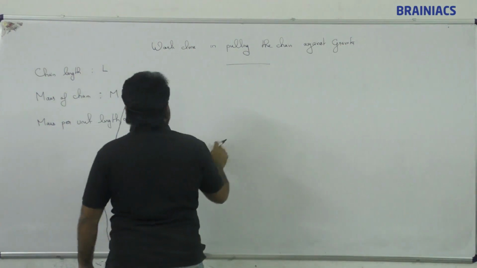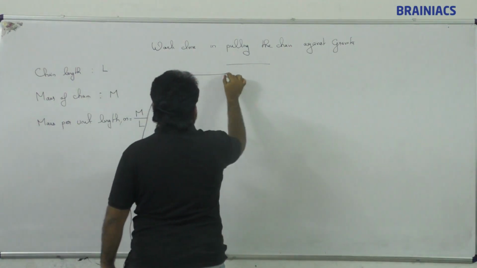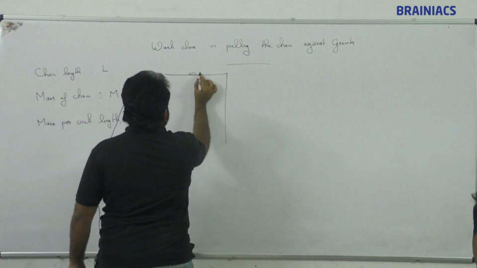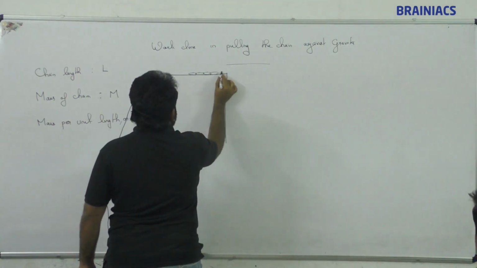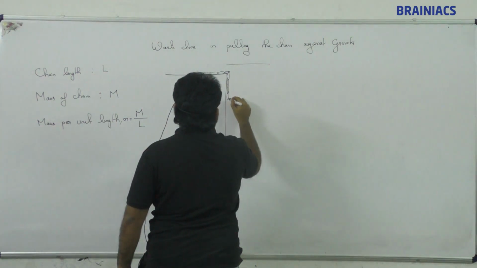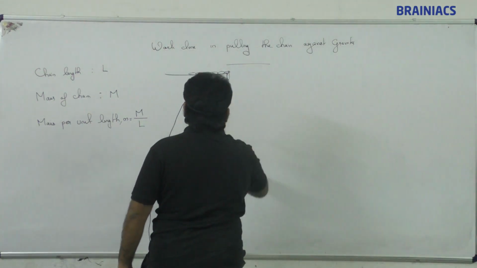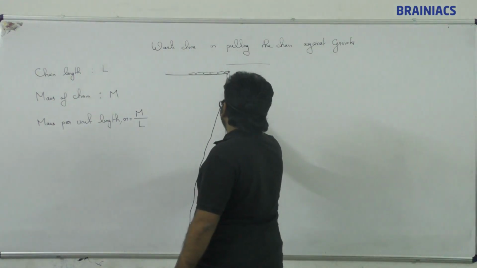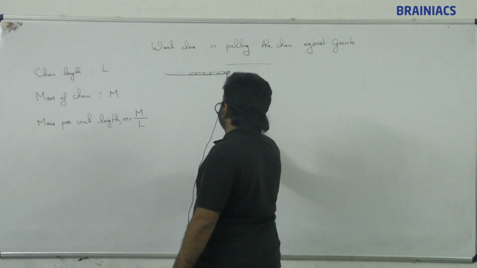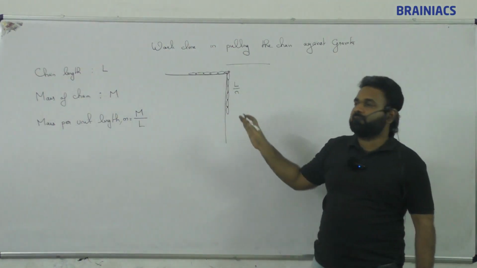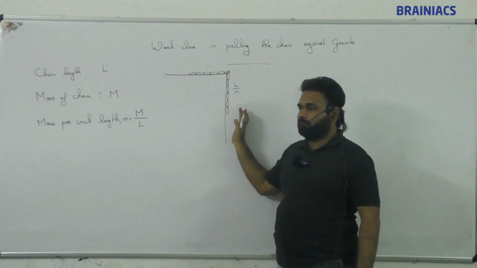Suppose we consider a case like this. This is a table, and a chain is there. If the total length of the chain is L, then L by N of the chain is hanging.